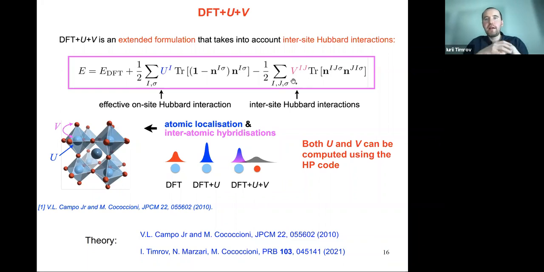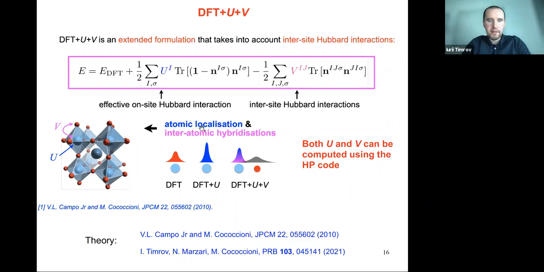So in the case of iron oxide, this extra contribution will correct interaction between 3d electrons on iron and 2p electrons on oxygen. So this is why it's called intersite or interatomic interactions.